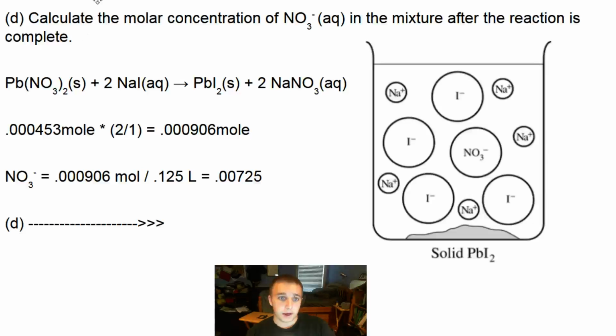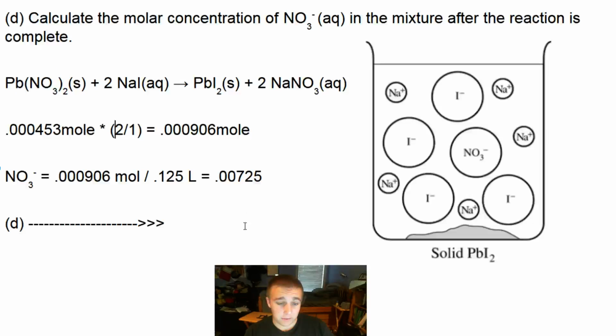For D, we're supposed to calculate the molar concentration of aqueous NO3 negative in the mixture after the reaction is complete. I rewrote the equation here. I took the moles of our limiting reactant, because that's also where NO3 is, Pb(NO3)2, times 2/1, because for every 1 Pb(NO3)2 there are 2 NO3 ions.